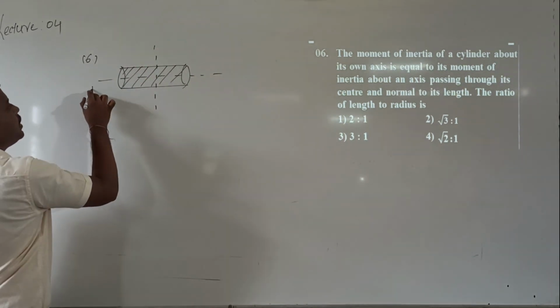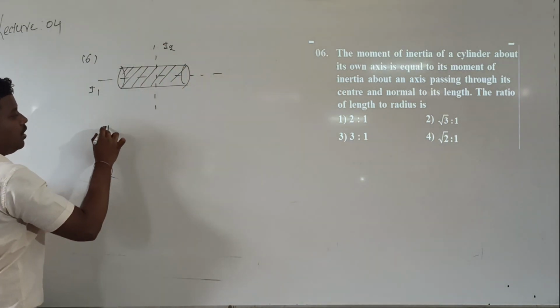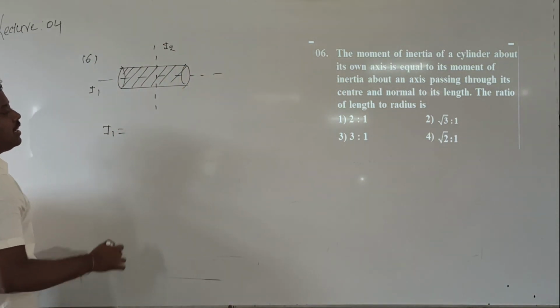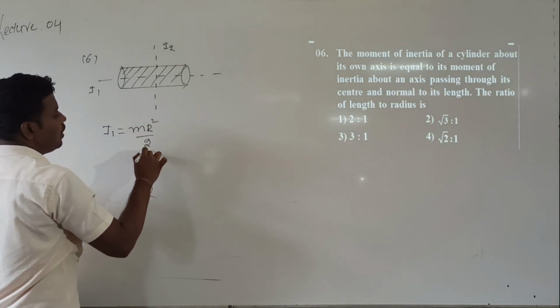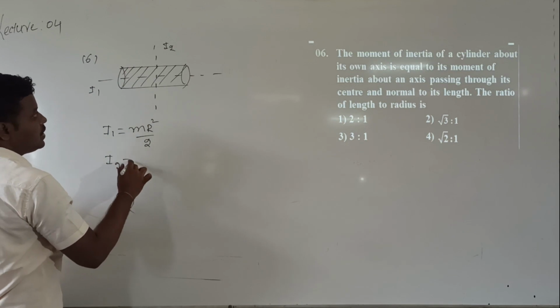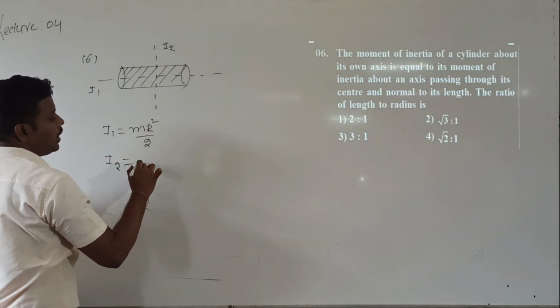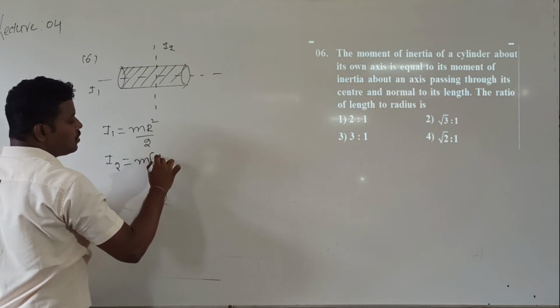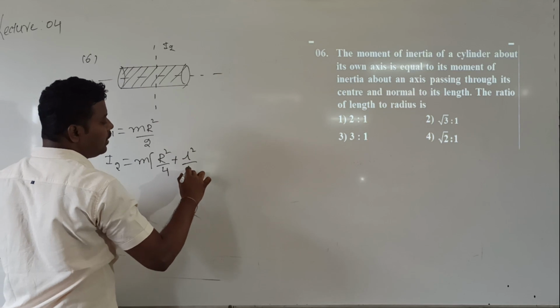The moment of inertia about this axis can I call I1, and this axis I2. What is the solid cylinder moment of inertia about its natural axis formula? That is given by m r square by 2. What is the solid cylinder moment of inertia about an axis perpendicular to the length passing through the center? M into r square by 4 plus L square by 12.